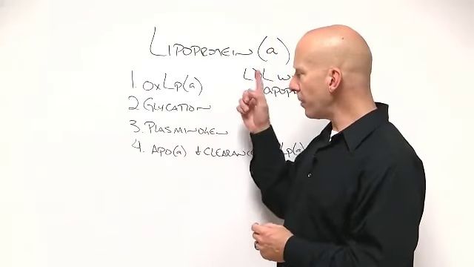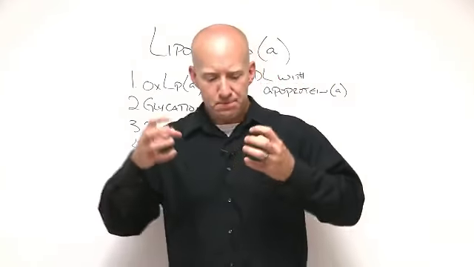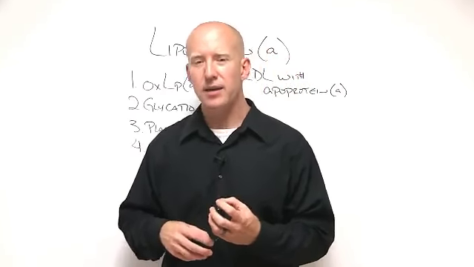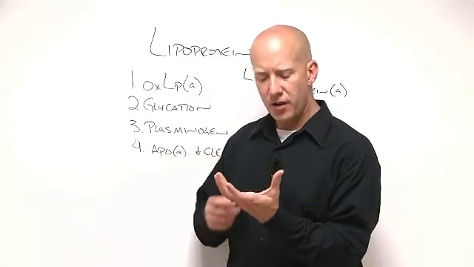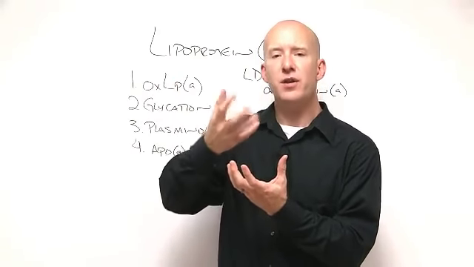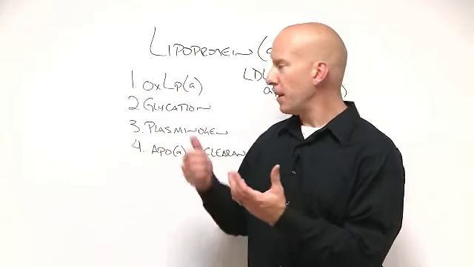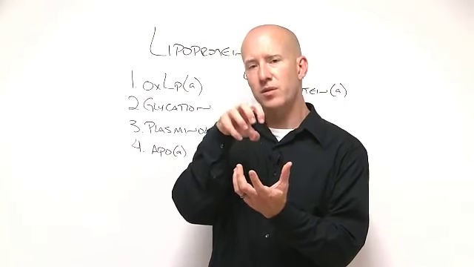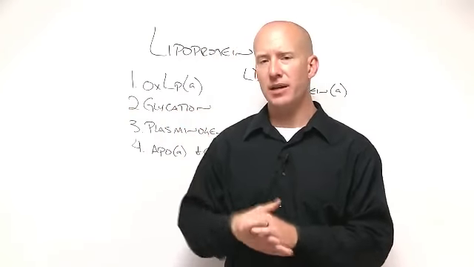The problem is that Lp(a) seems to structurally be similar to plasminogen and will actually competitively bind to where plasminogen may normally bind to stimulate it to convert into plasmin. So again, let's say you have part of the endothelium where plasminogen would usually bind, convert into the active plasmin, and then start breaking down some of the clots. That's a normal process. But in the presence of Lp(a), it seems that it competitively binds. So if it binds into this receptor site where plasminogen normally would have bound, now plasminogen can't break down clots.